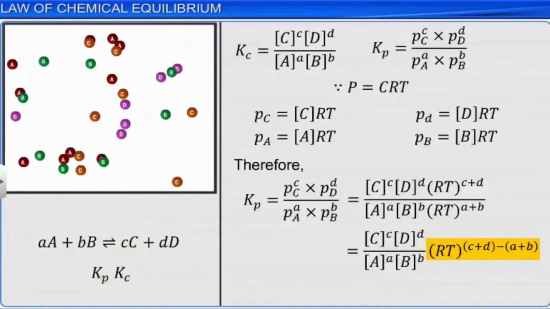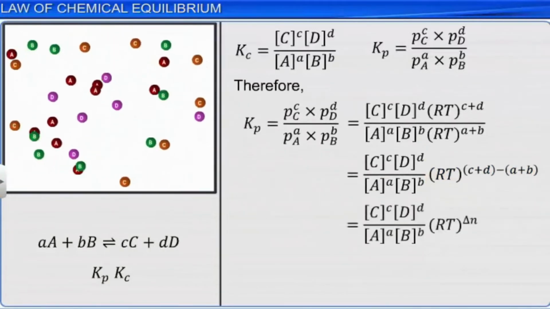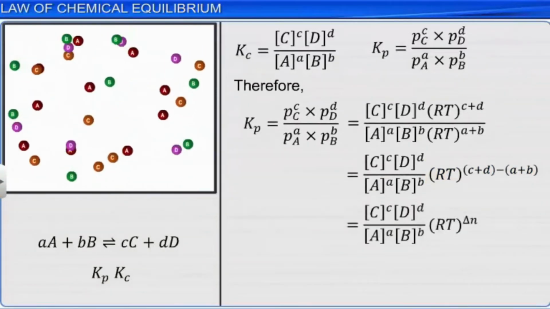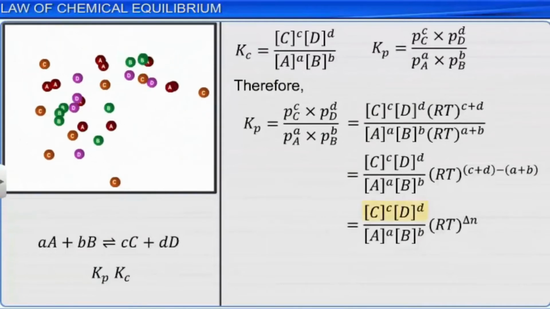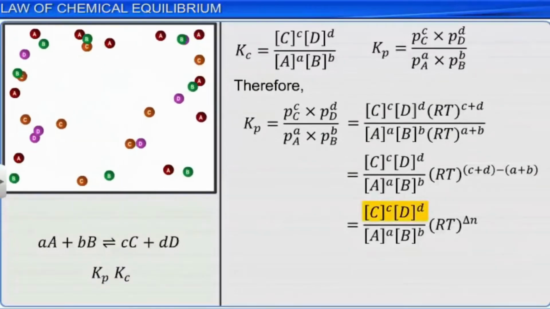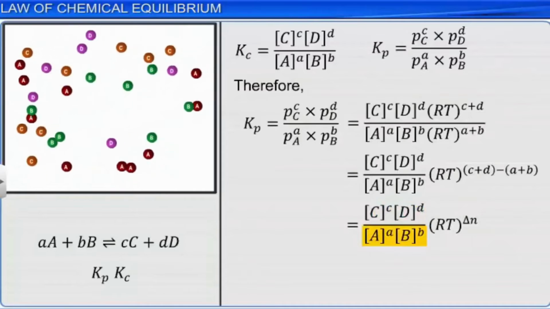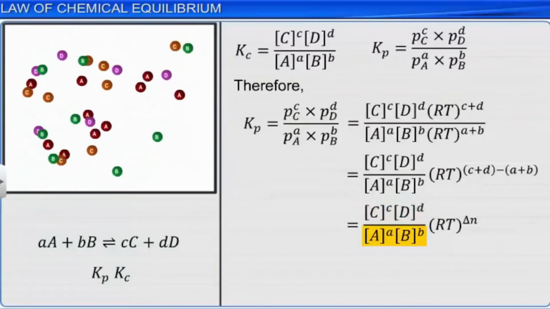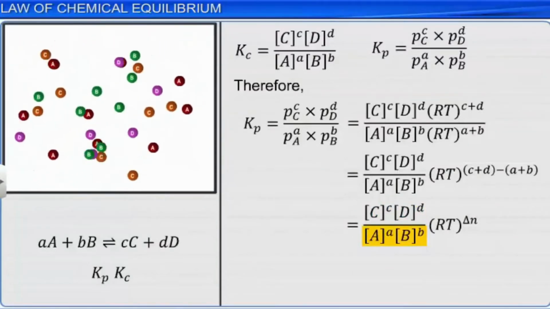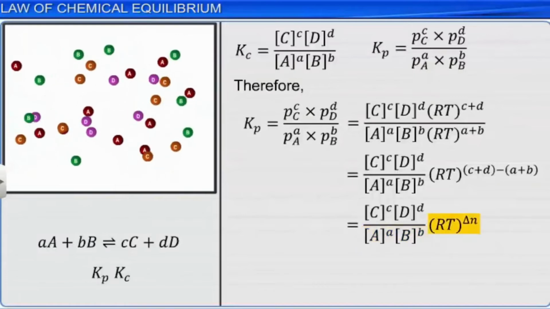This becomes equal to the product of the concentration of C raised to the power of c and the concentration of D raised to the power of d divided by the concentration of A raised to the power of a and the concentration of B raised to the power of b, multiplied by the product of R and T raised to the power of delta n.